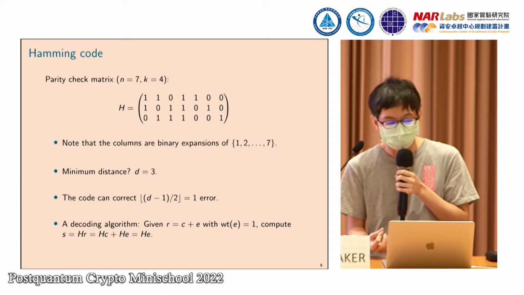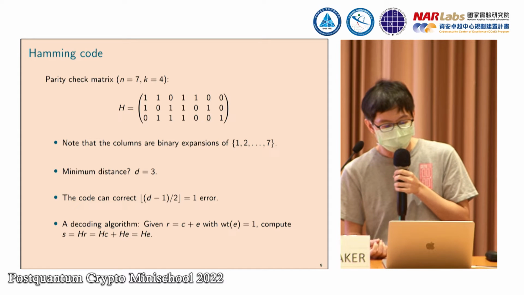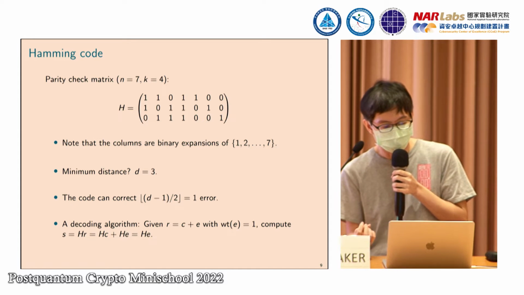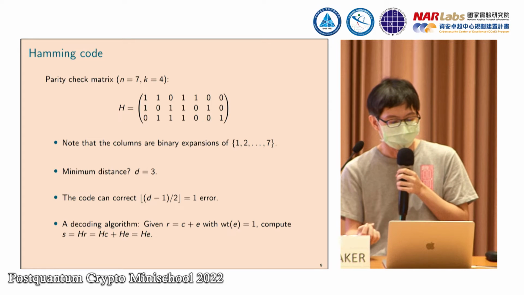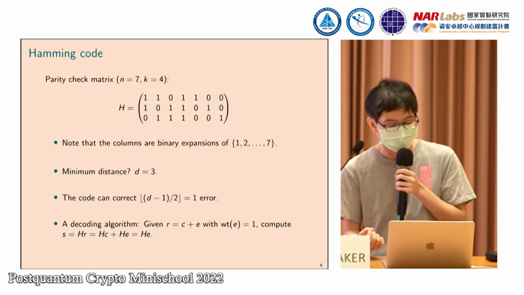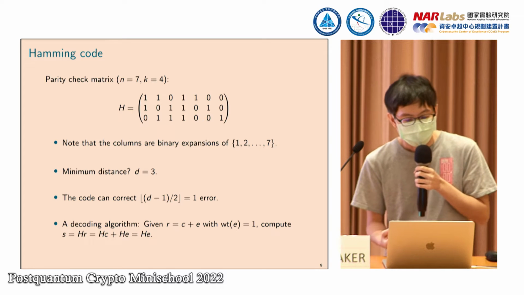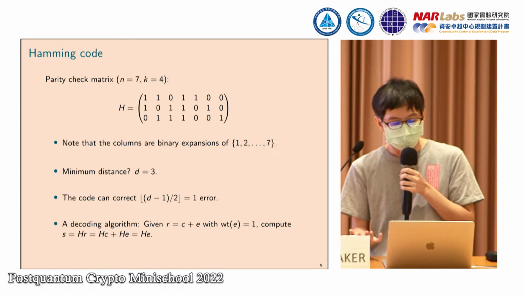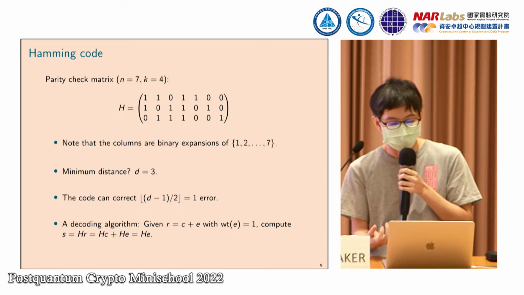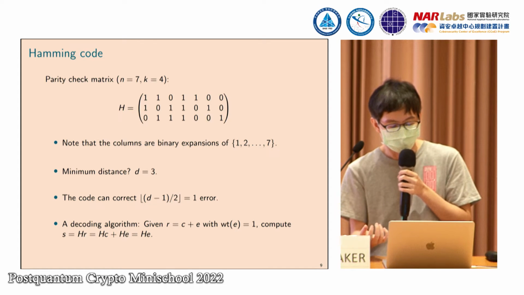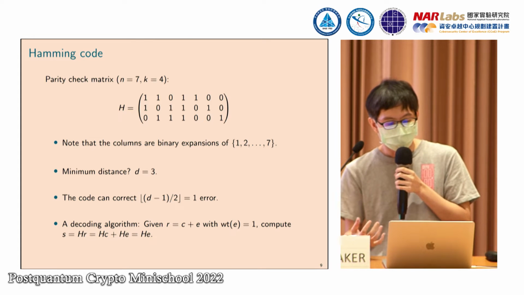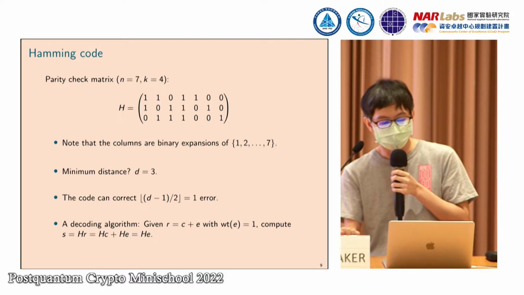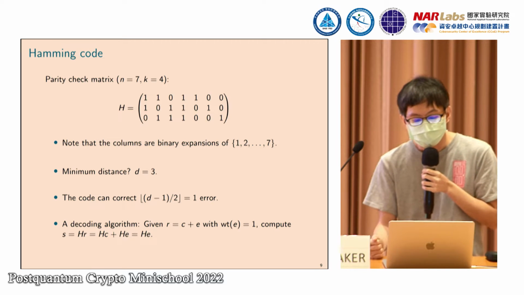So if you have a received word R, which is C plus some weight 1 error vector E, you can just multiply this R by your parity check matrix to get a corresponding syndrome S. Then this syndrome is going to be equal to HC plus HE, which is just HE.